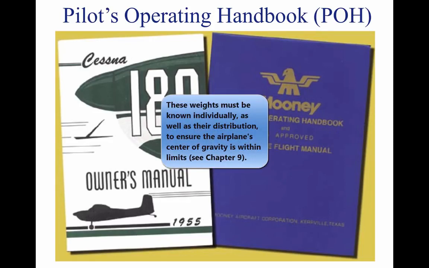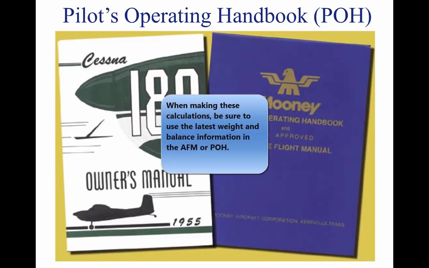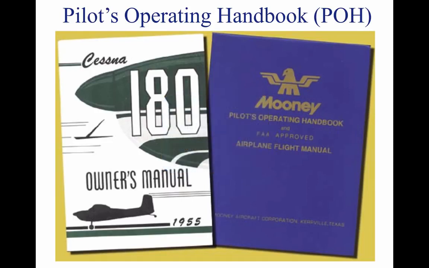The distribution of the load must be known to tell if the resulting center of gravity is within limits. Be sure to use the latest weight and balance information in the FAA-approved AFM or other permanent aircraft records as appropriate to obtain empty weight and empty weight CG information.